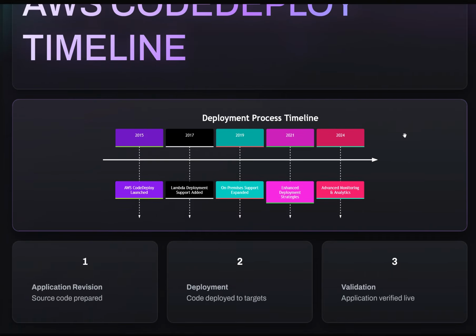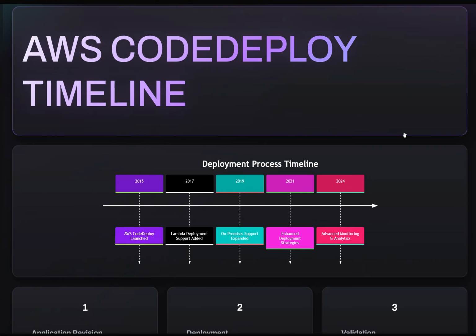All right, so let's have a look at when CodeDeploy started, as a timeline. AWS launched CodeDeploy in 2015. Then features were added in 2017, when Lambda deployment support was added.